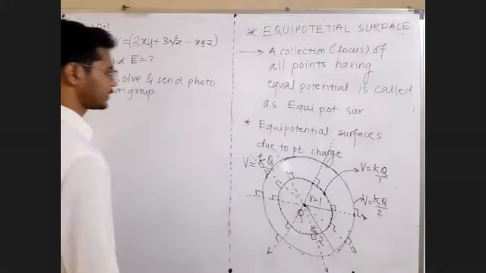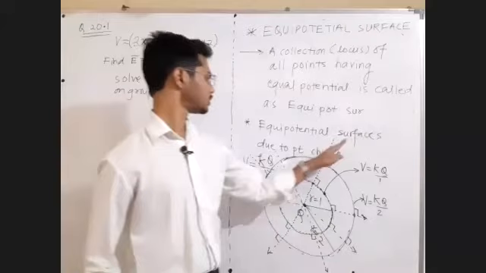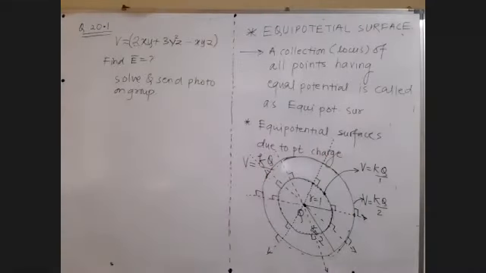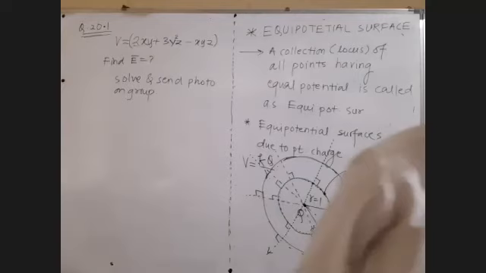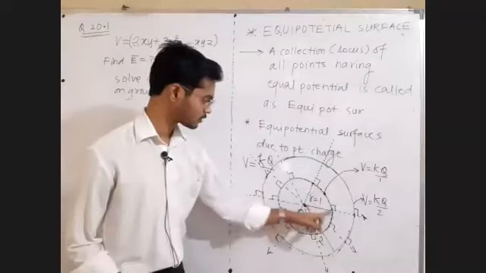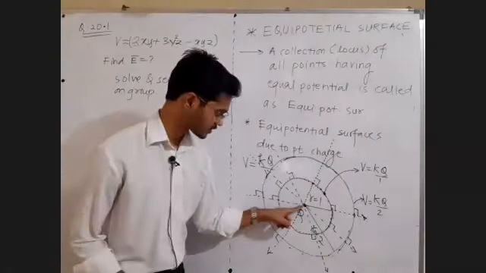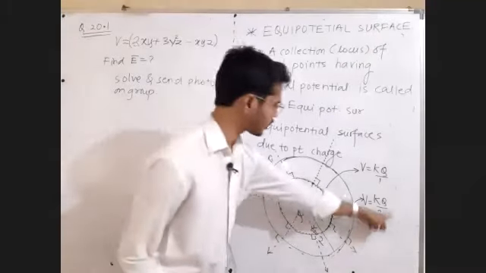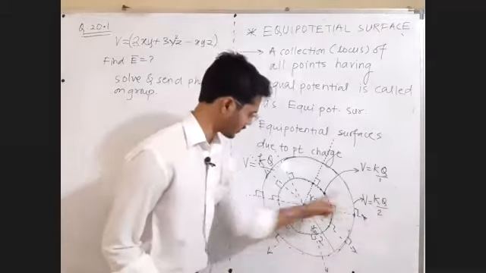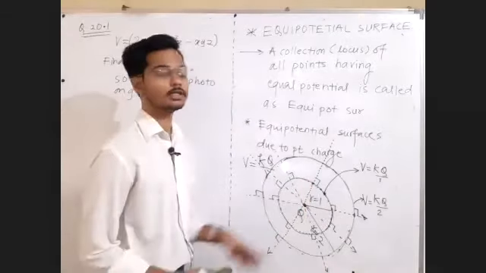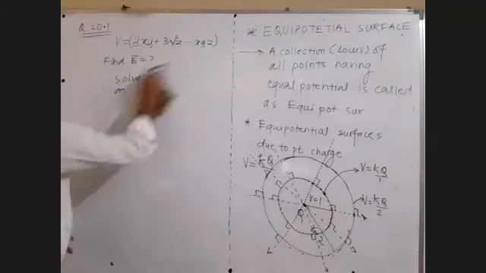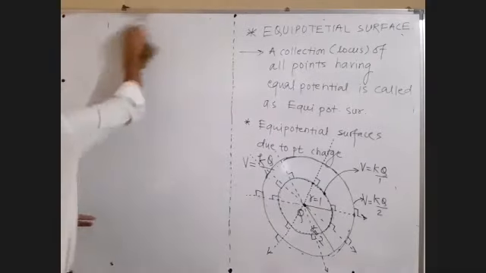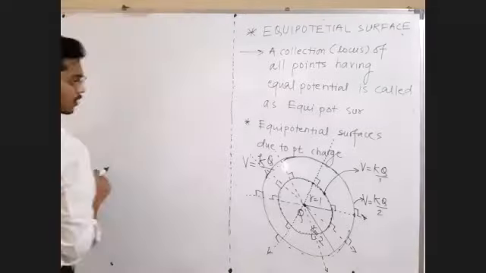All right, so write down: equipotential surfaces due to a point charge are concentric spheres. Why concentric? This sphere has this center. This sphere also has the same center. You can draw another sphere, it will have the same center.